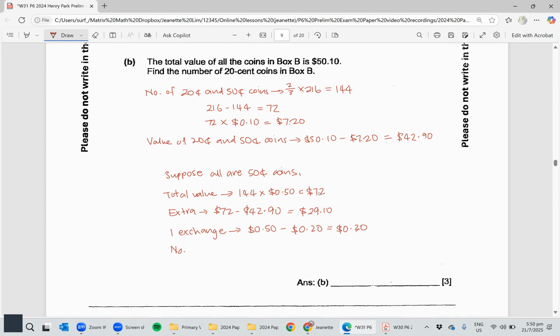So the number of exchanges will depend on how much you want to remove. The extra that we have is $29.10. So we'll take $29.10 divided by 30 cents. This will give us 97 exchanges. 97 is the number of exchanges from 50 cents to 20 cents. So you're putting in 20-cent coins 97 times. So there are 97 20-cent coins.